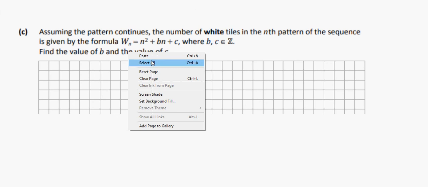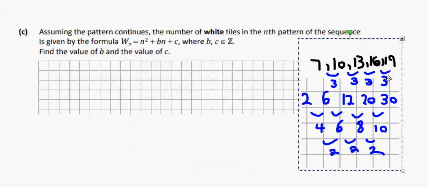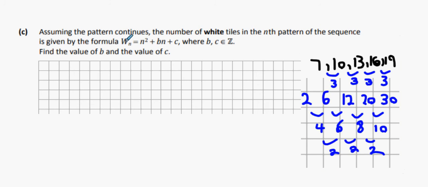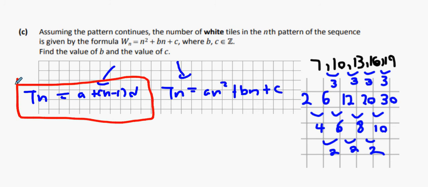Alright, fortunately for us, we have two choices. You can go two ways with these. There's one formula that does this, and there's one formula that does this. It's more or less given to you already. When do you use the one circled in red?